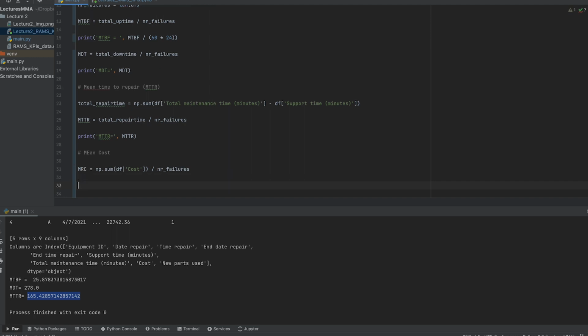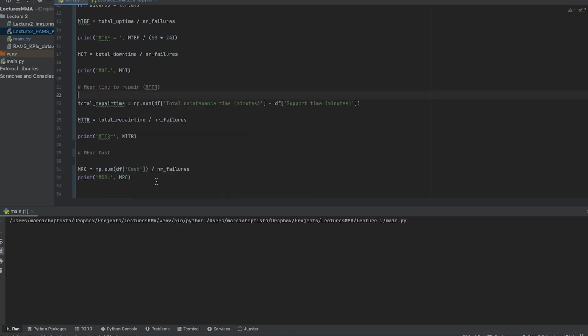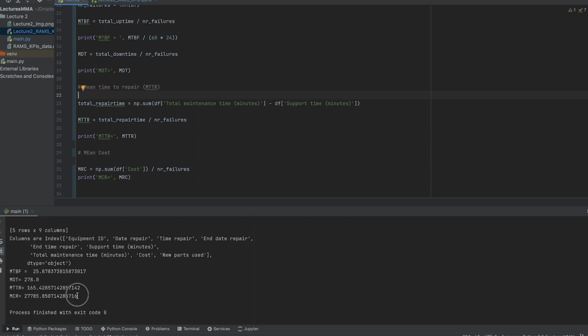Okay, and then we can print MRC, sorry. Now we run and we have the mean costs per failure.